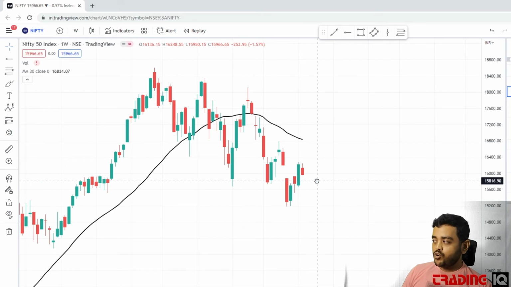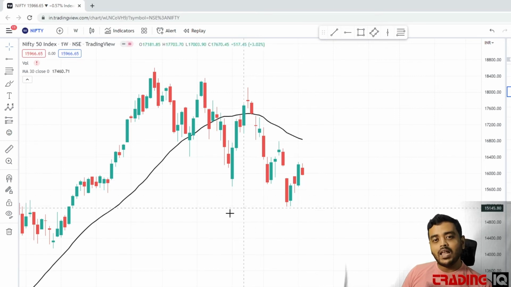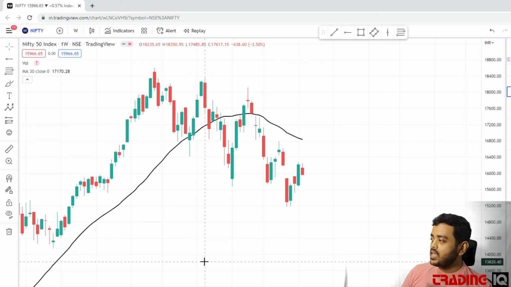But again, if you're eyeing some stocks for long-term investment, meaning a couple of years, then definitely you should look to buy at a predetermined level. You should not just compulsively buy any stocks at will. You should have some level marked. Like when you go to the vegetable market, you definitely negotiate the price with the seller, right?